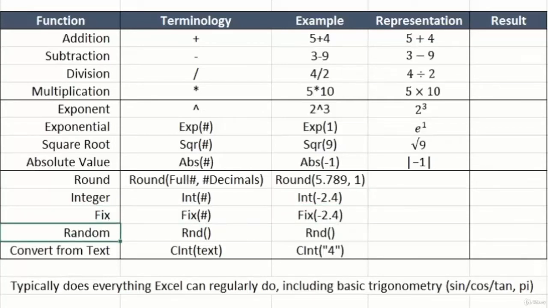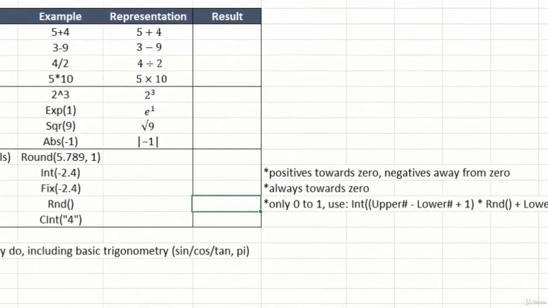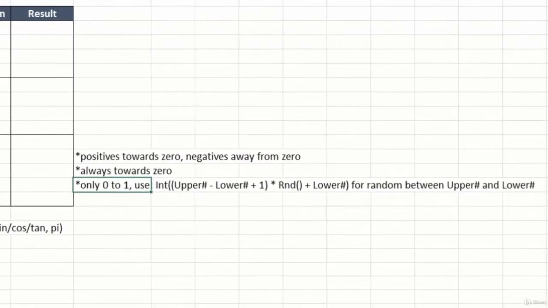We can also randomly generate a number between 0 and 1 by using this random function, which is Rnd open parentheses close parentheses. Since this only generates between 0 and 1, we have to do some math using this random function if we want to get a random number between our own lower and upper bounds, say between the numbers 1 and 6. And I've written this out for you over here. So you'll start by subtracting your lowest possible number from your upper number.